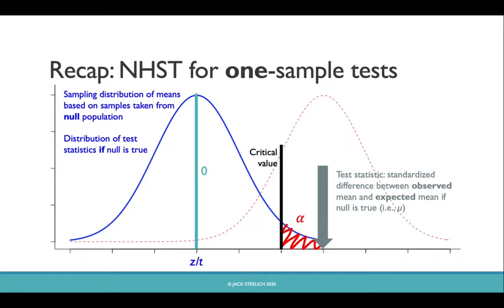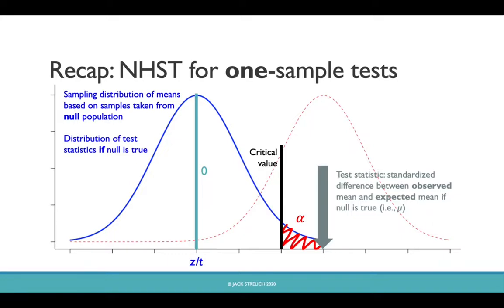If the test statistic exceeds the critical value, we know that the sample mean that we got must fall somewhere within our critical region, here the shaded red region, meaning that it would be extremely unlikely to occur by chance alone. In other words, it would be unlikely to occur if the null hypothesis were true.